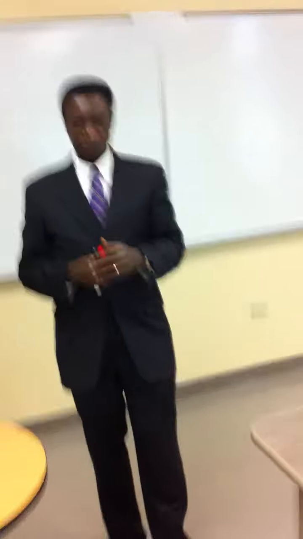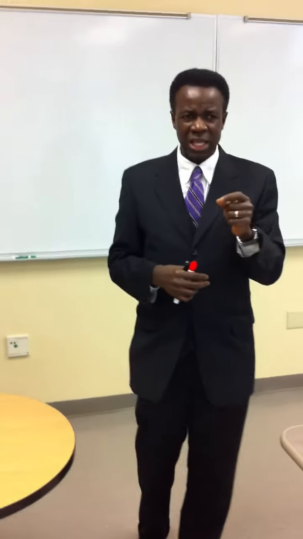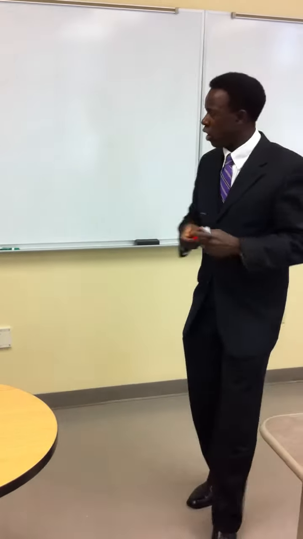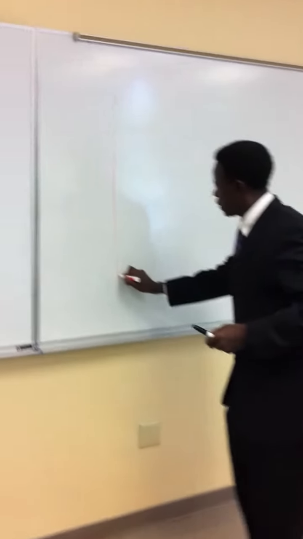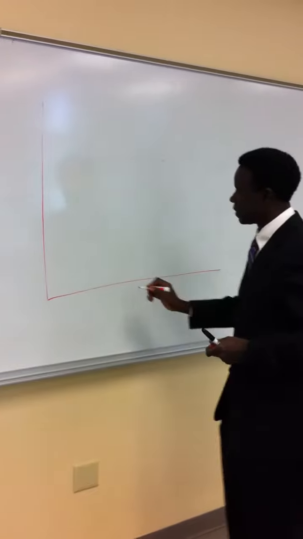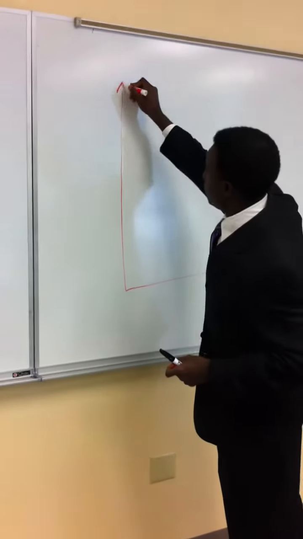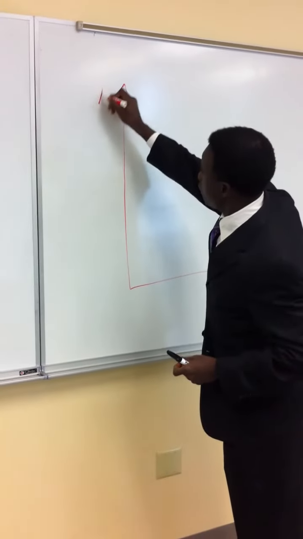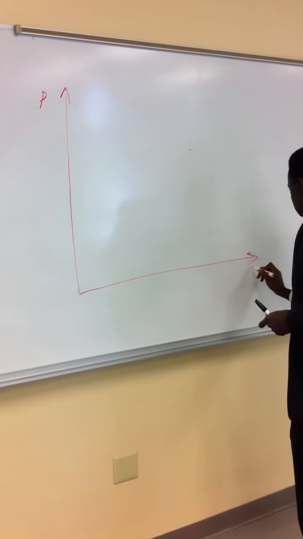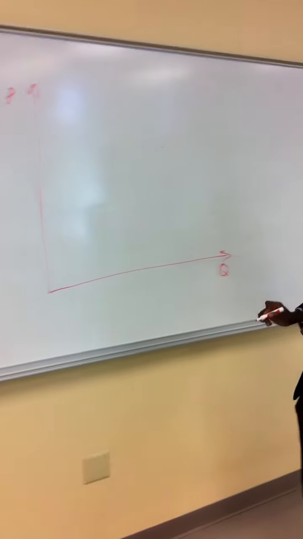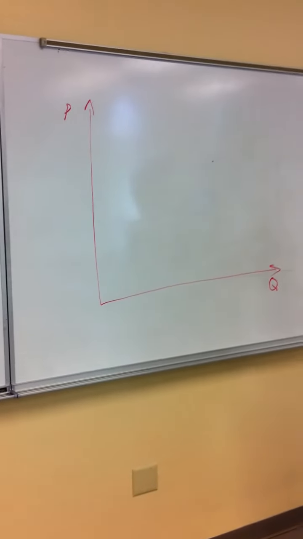And so now, what are the economic consequences of spillover cost? We can see in the graph here that the vertical axis is price, P stands for price, and the horizontal axis is quantity, Q stands for quantity.